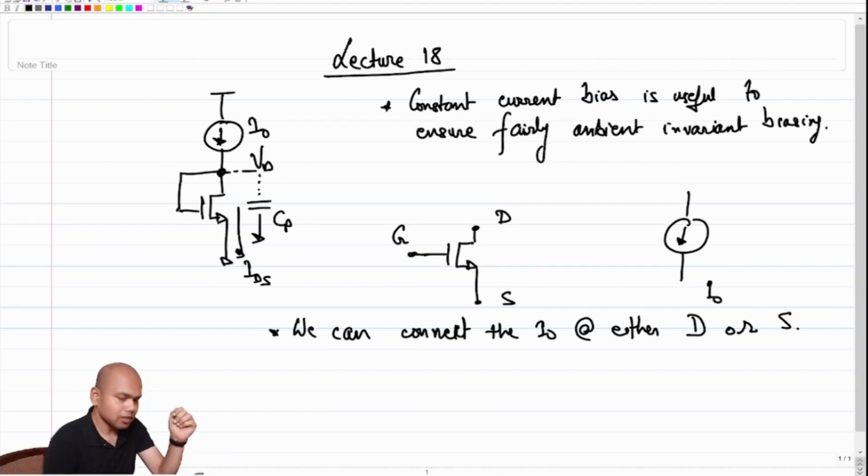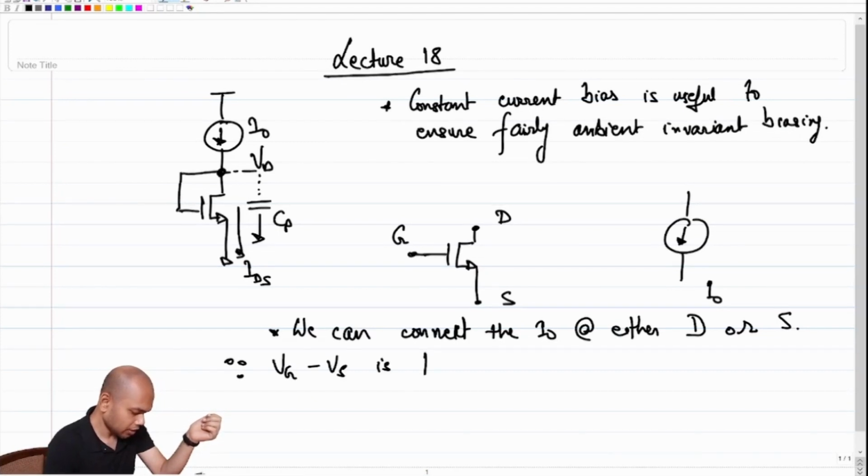Because we know that VGS, or VG minus VS, is the cause that ensures the effect.